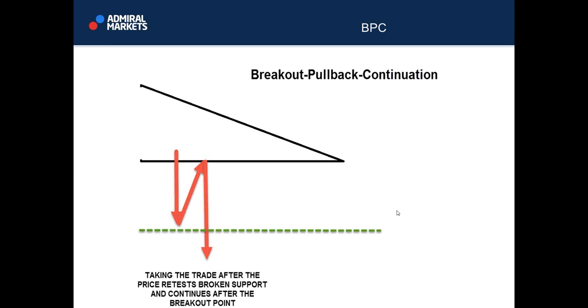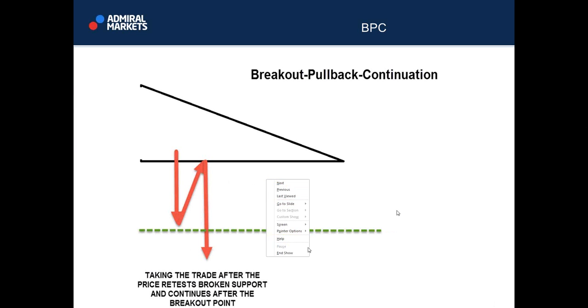Now generally this was assumed to be the safest trade of all the breakout ways to trade. But the thing is, breakout pullback continuation, first of all, is not so reliable on lower time frames, and second of all, guys, as I said, the market has changed, and lower time frames, even the 1 hour time frame, sometimes is not enough to give us a proper breakout pullback continuation trade.